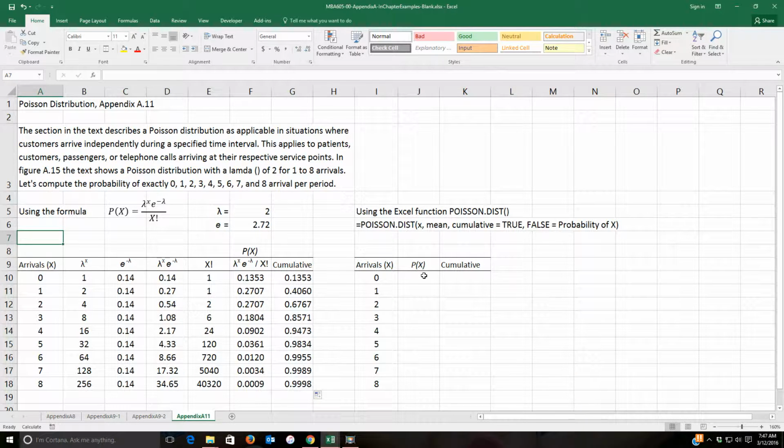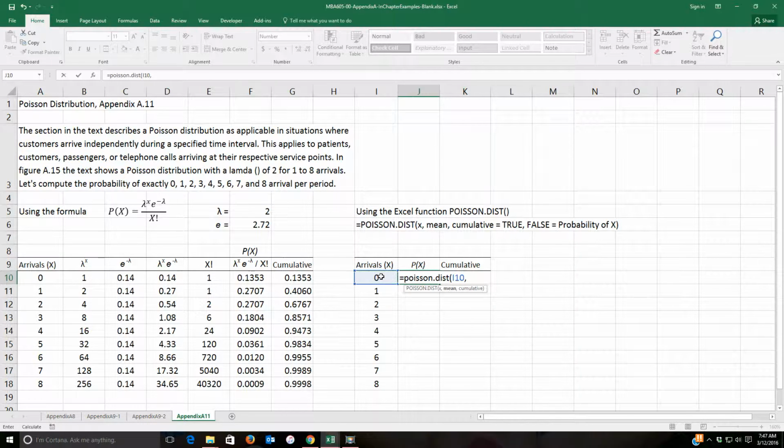Now let's solve this in Excel, and I recommend that you do it this way. Why go through all of these steps, risk making a mistake, when you can use the Poisson.dist function in Excel? So the probability of x using the Poisson.dist function, the Poisson.dist function wants to know x.